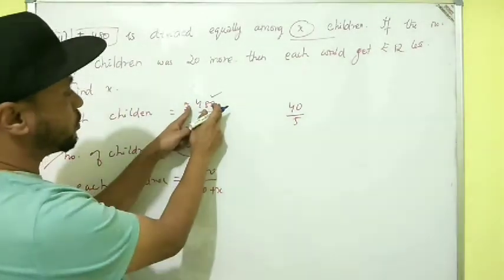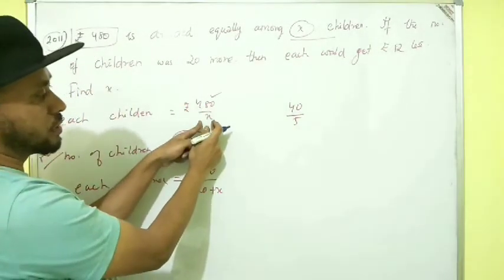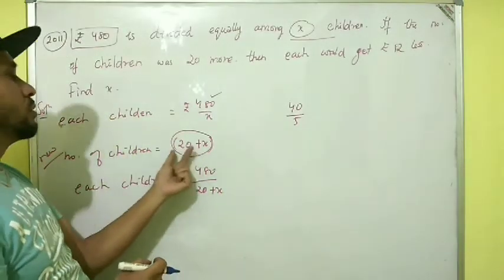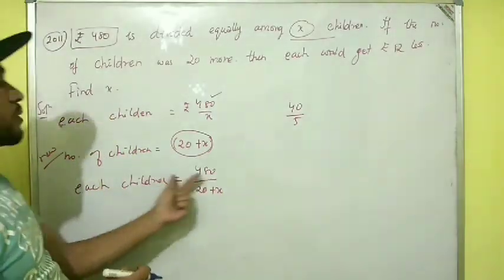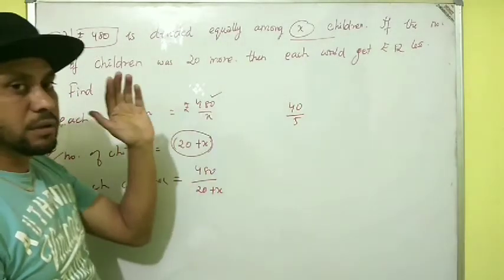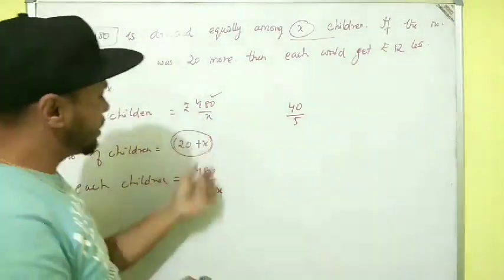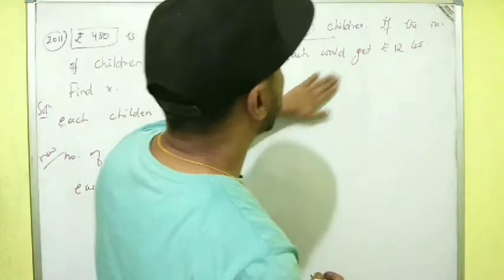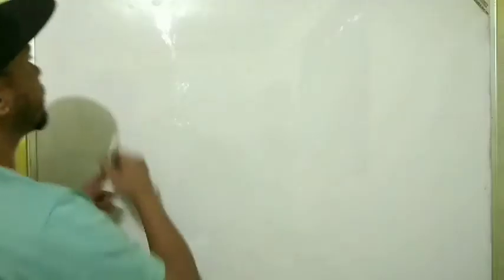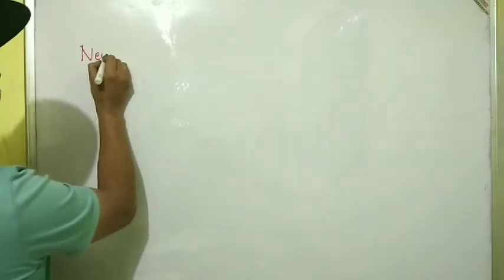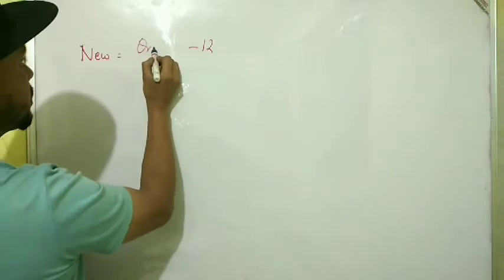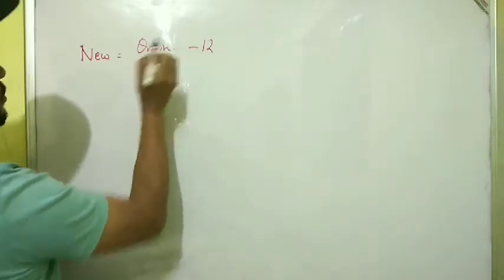So we have 480 rupees, we are dividing among x students. Now if 20 students are added, the new number of students will be 20 plus x, and each will get 480 divided by 20 plus x, because 480 is the money we have to divide. Then each would get 12 less than whatever the original students were getting.